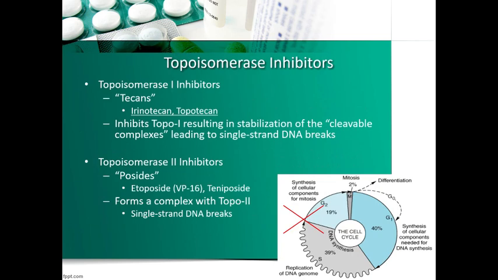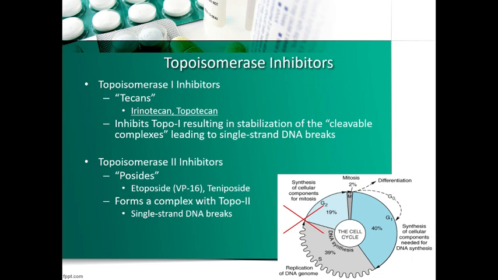All right, moving to our topoisomerase inhibitors, we've got Topo 1 and Topo 2, so only a few agents here. Irinotecan is the main Topo 1, and etoposide is the primary Topo 2. These just prevent the uncoiling or recoiling of the DNA strands as they're replicated by DNA polymerase.